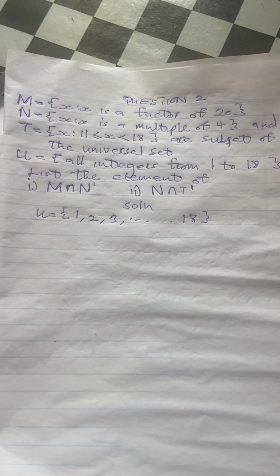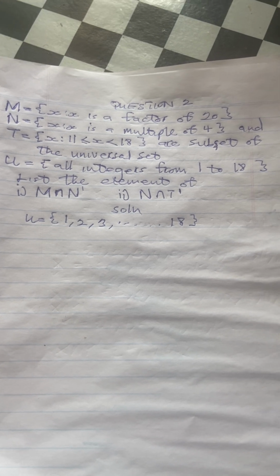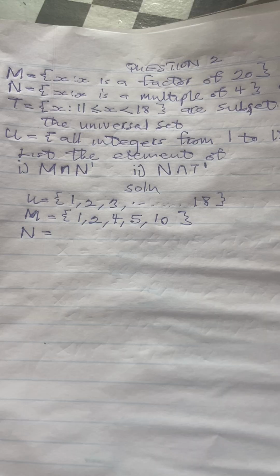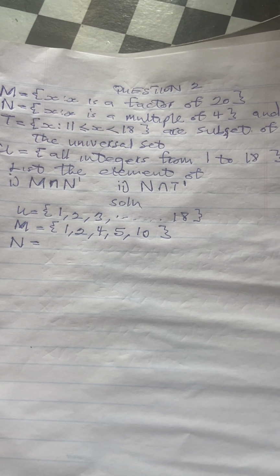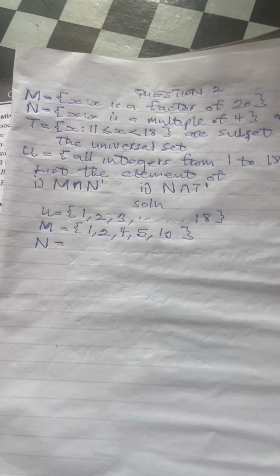But it should all fall within the universal set, so you cannot write 20, because all the values you write should fall within the universal set, which runs from 1 to 18. So you end at 10. So the factors of 20 are 1, 2, 4, 5, and 10.